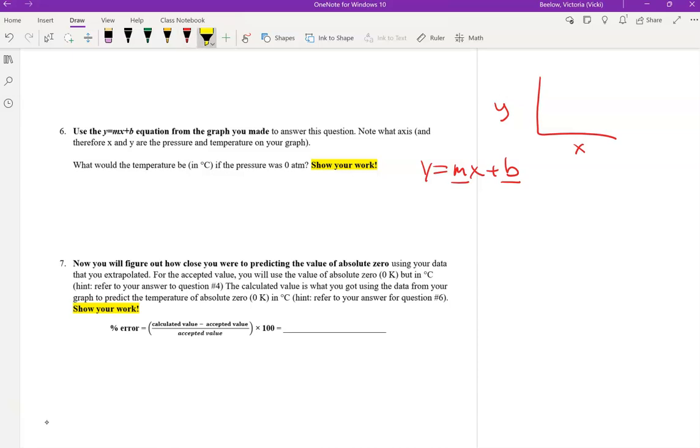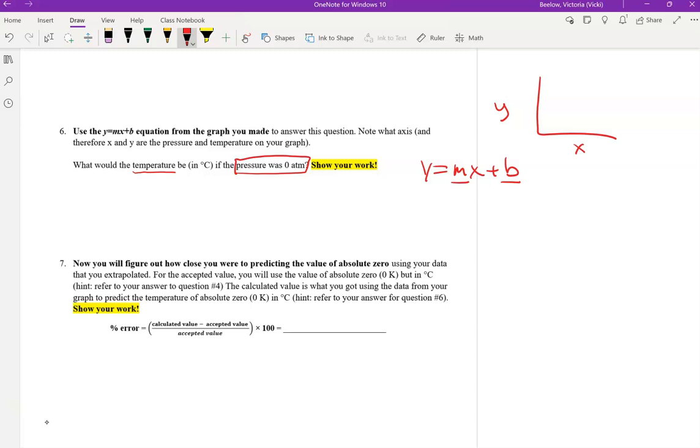What would the temperature be? So you're solving for temperature, so you have to figure out if that's x or y you're solving for. What would the temperature be in degrees Celsius if the pressure is 0 atm? So you want to plug in 0 atm for the pressure into your equation here. Again, you have to figure out if you're plugging that in for y or x, and then solve for the temperature.